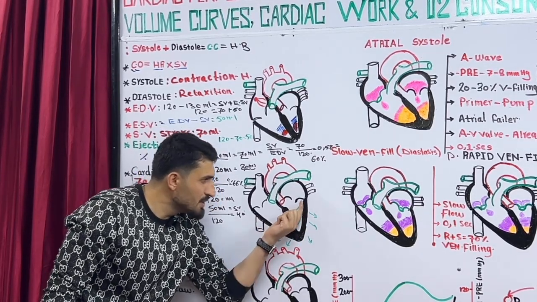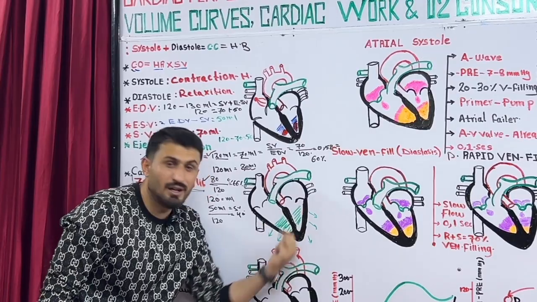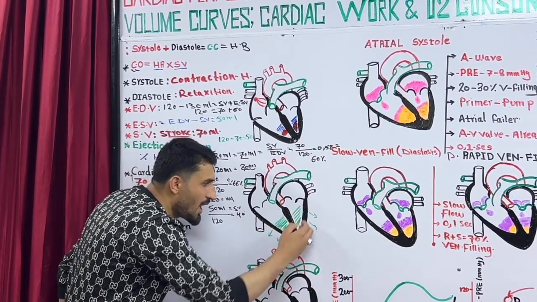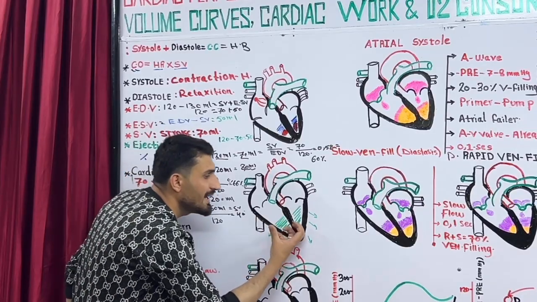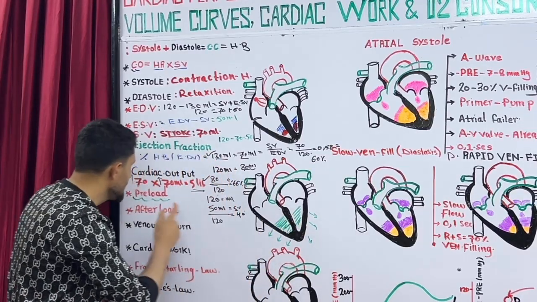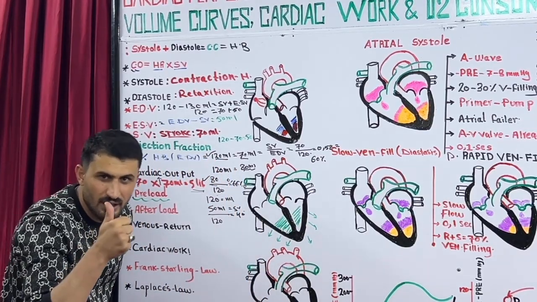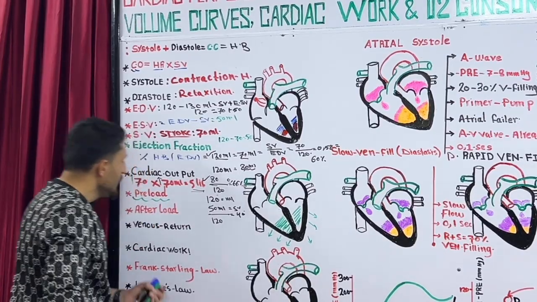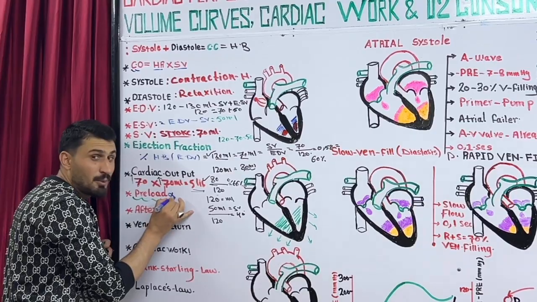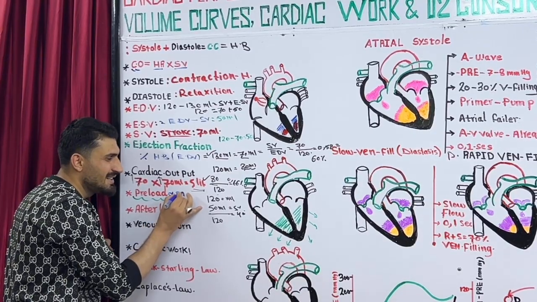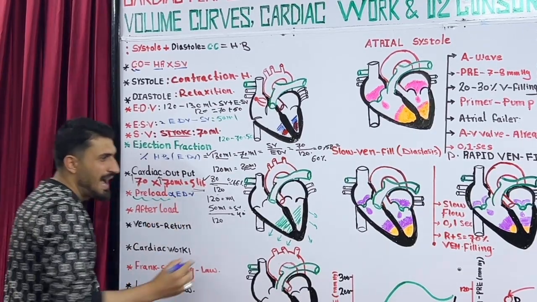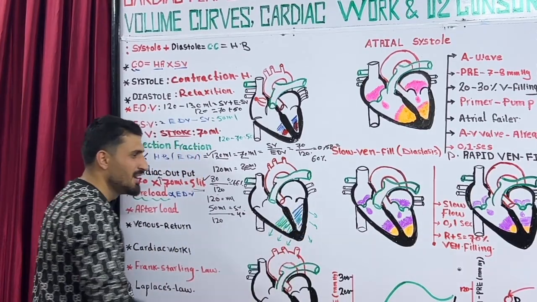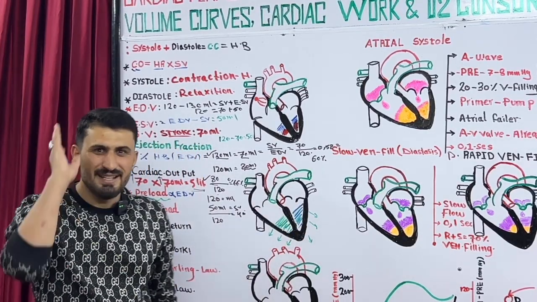Okay, it puts load on the walls of the ventricle. So this load on the walls of the ventricle during diastole is called preload. We will talk about them later on, that they are so important. So now preload is directly proportional to end diastolic volume. As much as you increase the end diastolic volume, the preload increases.